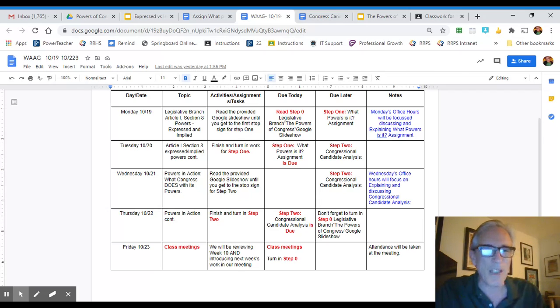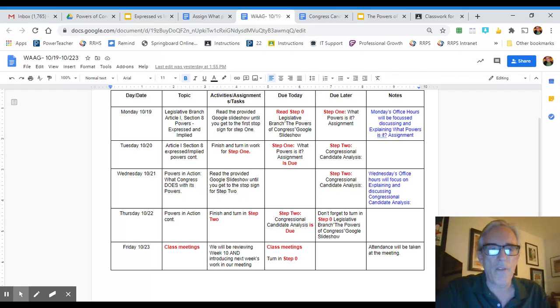Which gives them a little bit of flexibility. It applies more powers than those that are just written in Article 1, Section 8, clauses 1 through 17. So there are the expressed enumerated powers, but there are also these implied powers. We have to understand them. We have to understand the difference and how that works.